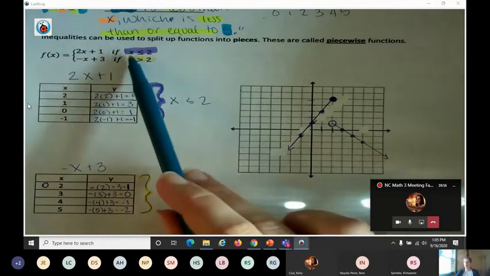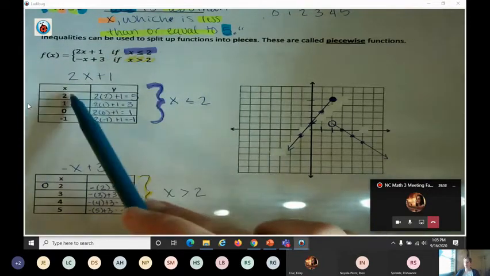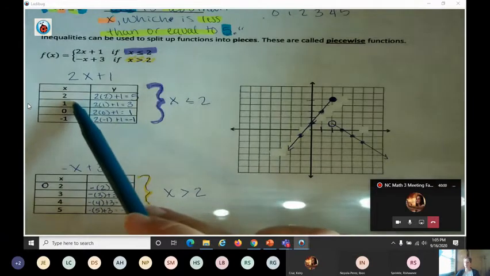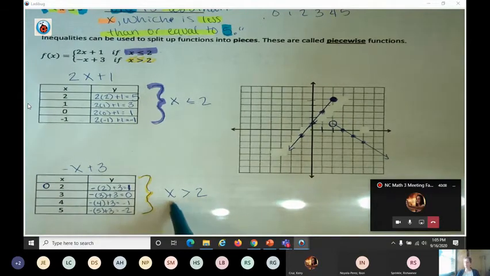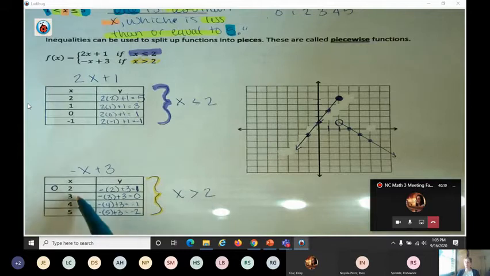This one was the values less than 2, so we went down: 2, 1, 0, -1. And here we wanted to start at 2, and we wanted values bigger, so we went 3, 4, 5. And then we just plotted those points on our graph. So what questions do you guys have about that process?